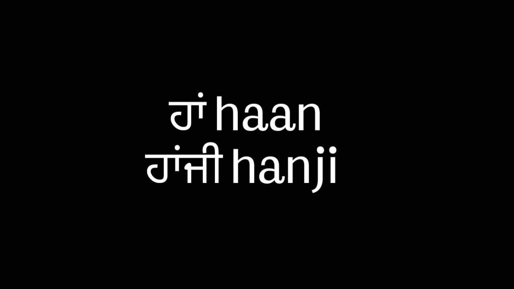In the second situation, we use this word ji when we wanna keep things very casual and we don't wanna pay too much attention to that thing. For example, you meet me in the street and you are trying to find your friend's house, and you tell me your friend's name.